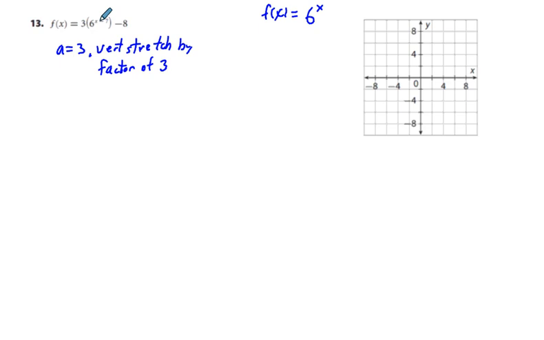We have h is equal to 7, so that's going to be a translation 7 units to the right. And k is equal to -8, which is a translation 8 units down.